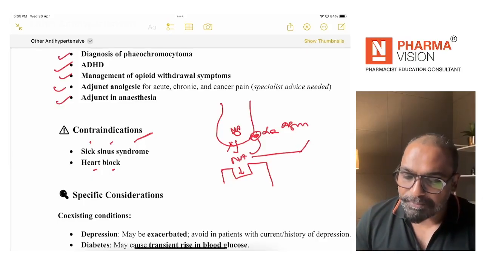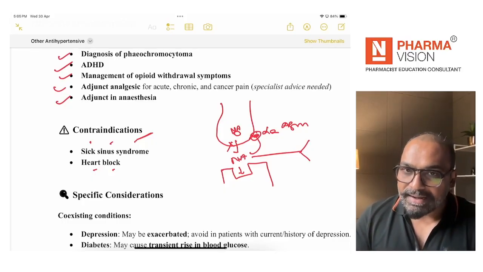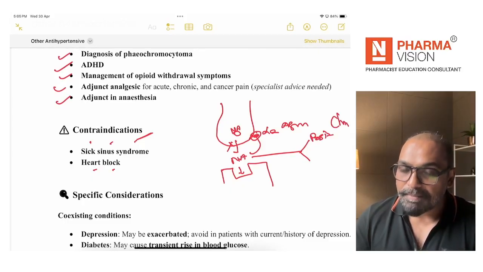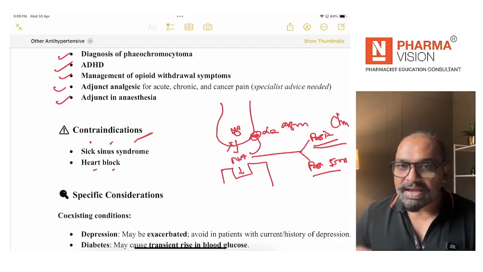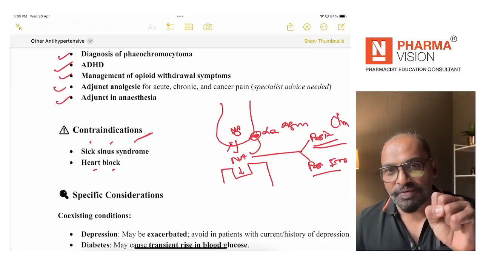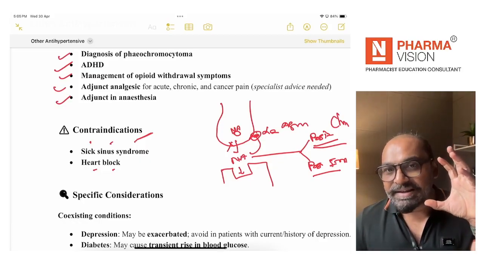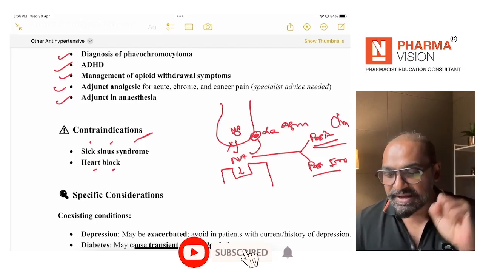Noradrenaline has two important functions: it is positive chronotropic and positive inotropic, meaning it increases the contraction of the heart and increases the heartbeat.